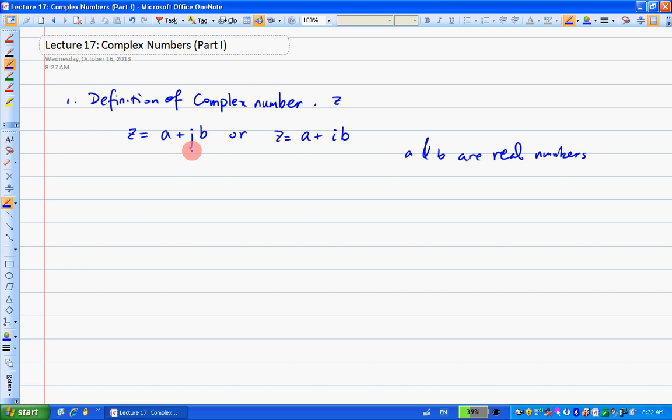That's the difference. I'll tell you what this I is, but first of all, a complex number must have two parts, kind of a real part and an imaginary part. So this A here, this part is called the real part.